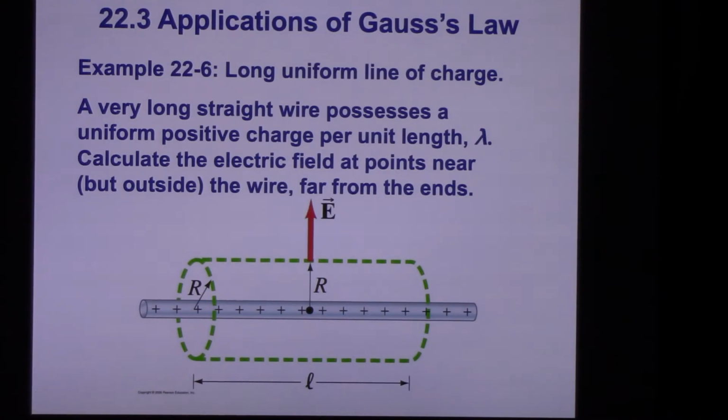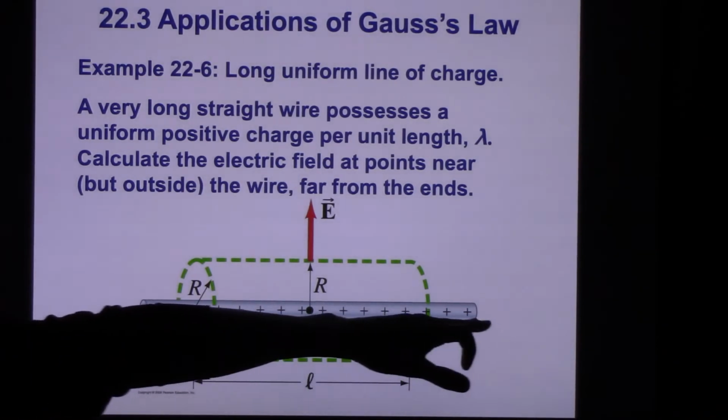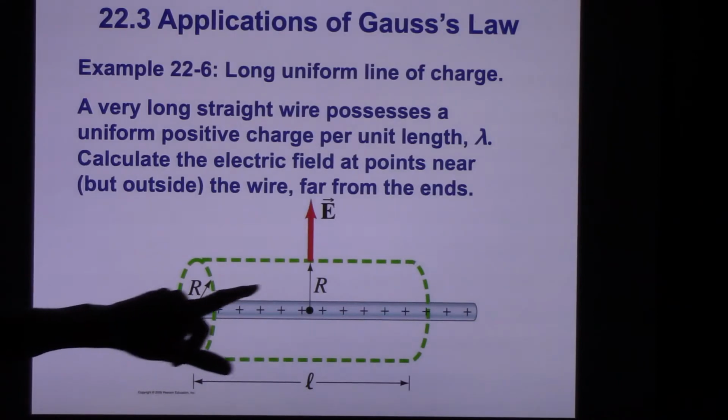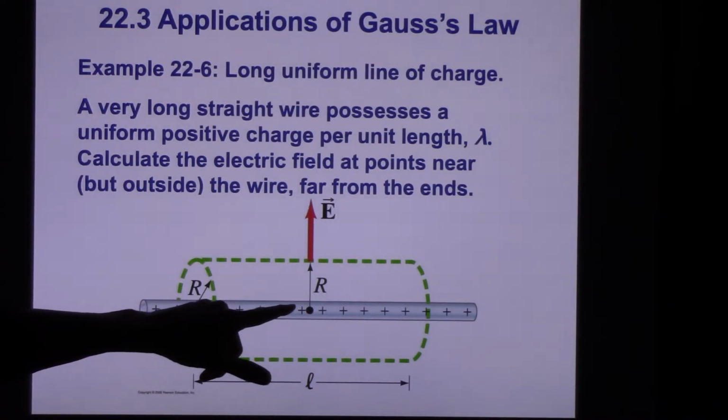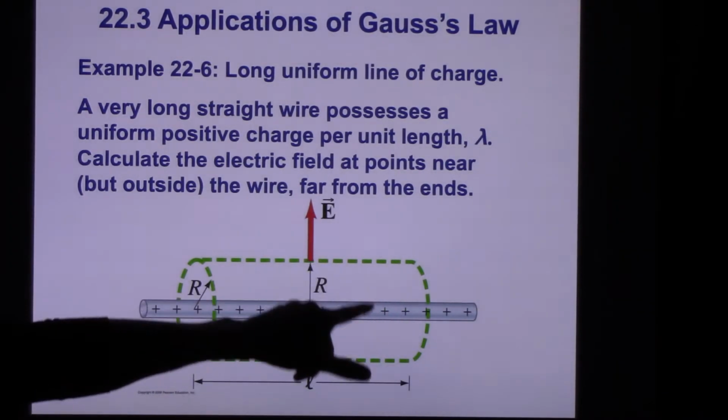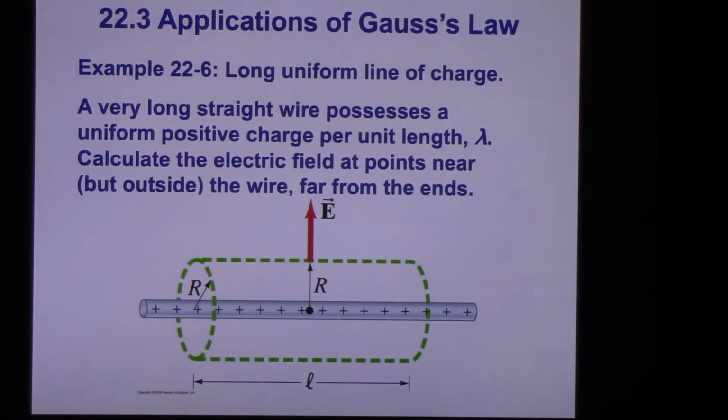It's in the shape of a cylinder. Now, if this line of charge is really, really long, and we're looking at locations pretty close to where that charge is distributed, we can use a cylindrical Gaussian surface, and we can carry out a Gauss's law calculation.